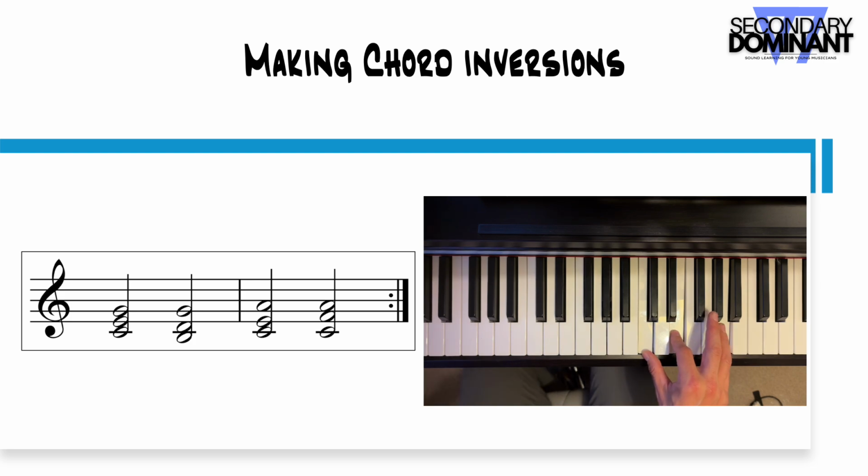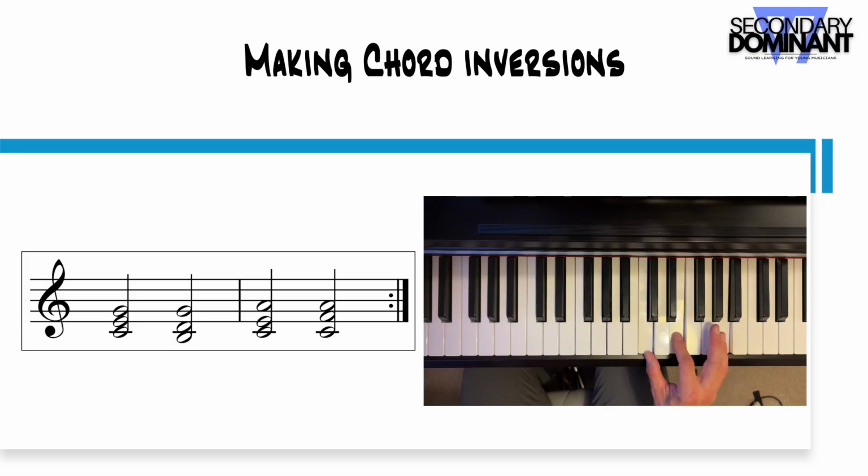Now, from A minor, A, C and E to F major, F, A and C, we can see that we have two notes in common, the C and the A. So all we need to do to get from an A minor to an F is raise the E to an F, in this case.